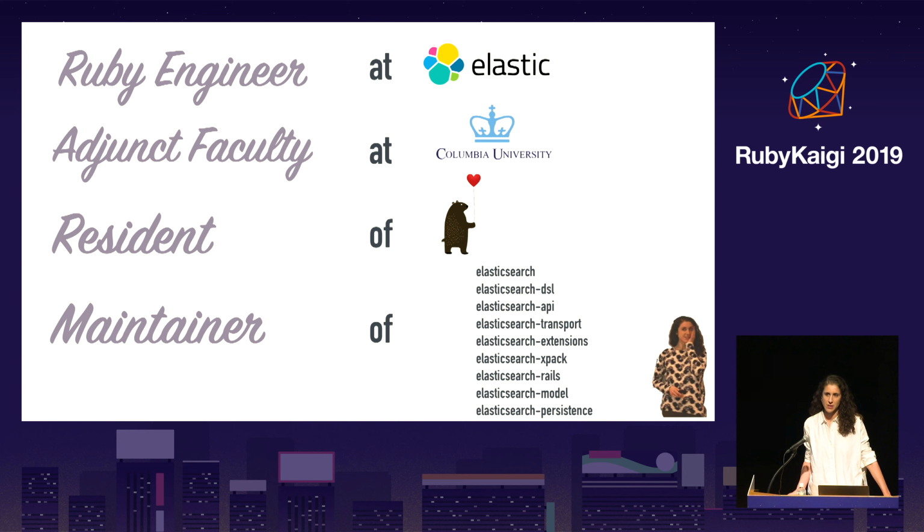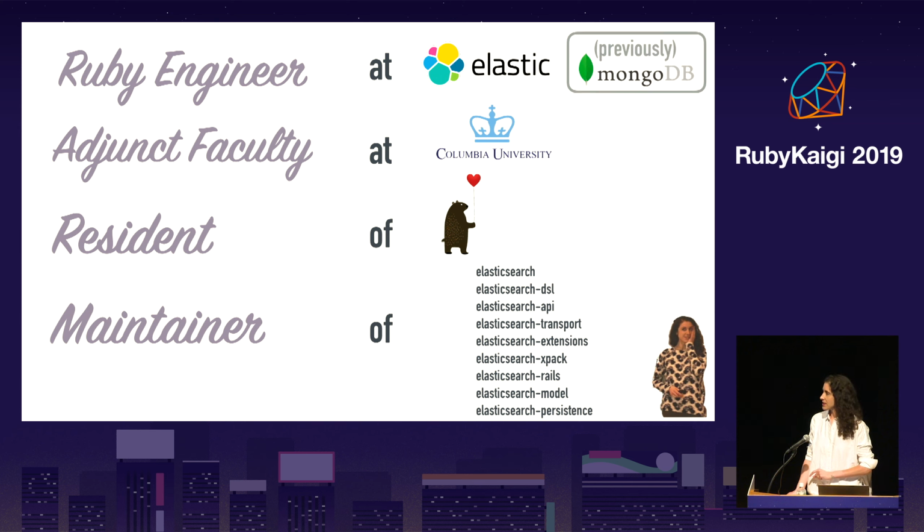I'm originally from New York, which is why I'm able to go and teach classes at Columbia. It's easy for me to go and stay with family or friends when I want to teach a class. And I'm a maintainer of this list of gems. They all have to do with Elasticsearch, obviously. Half of them are about using pure Ruby with Elasticsearch, and the other half are about using Elasticsearch in the context of a Rails application.